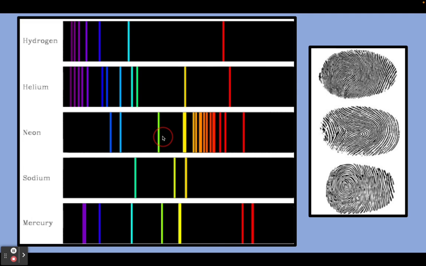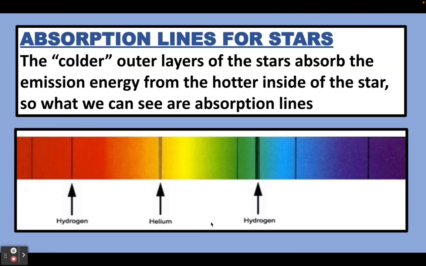So we can identify what elements are in different stars by analyzing the different wavelengths that come in. And if those wavelengths line up with particular elements, then we know that in that particular sun or star, we have those elements.